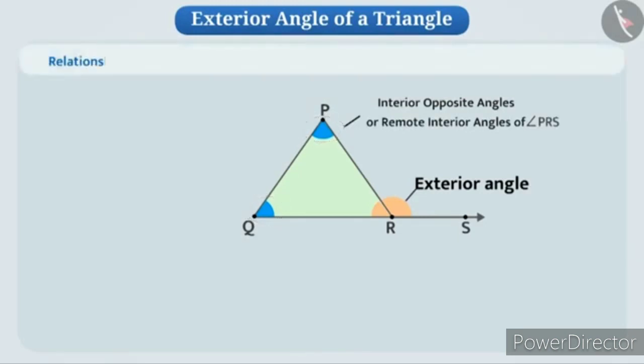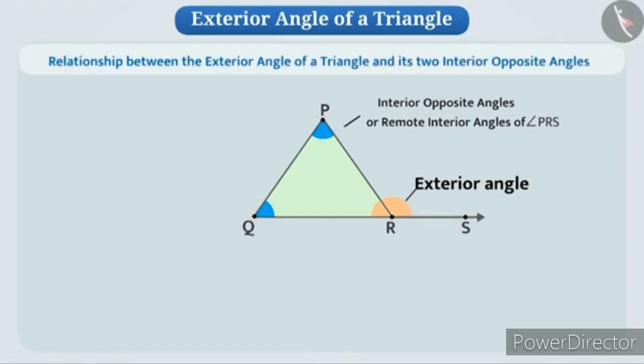The exterior angle of the triangle and its two interior opposite angles share an interesting relationship. Let's understand this in the case of triangle PQR and its exterior angle, angle PRS.